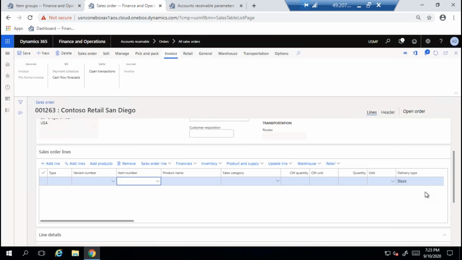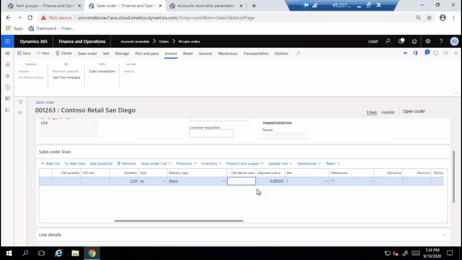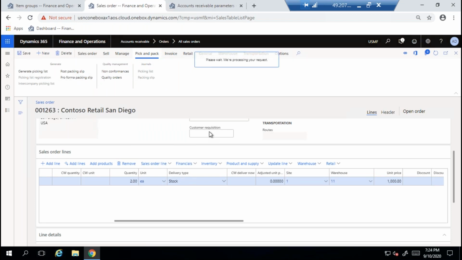It's usually required. Regular scenario, yes. Suppose I'm doing the same quantity, 1000. I have created it. I'm skipping confirmation once again, as it is not mandatory. I'm doing the packing slip now.